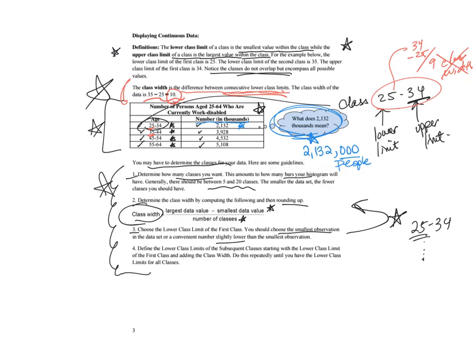So, number 4 says define the lower class limit of the subsequent classes, starting with the lower class limit of the first class and just adding on the class width. And you do that repeatedly until you have all your classes defined. Okay, so again, this doesn't really come up in MyMathLab, but if along the way you're doing some statistics out in the real world, you might come across it.